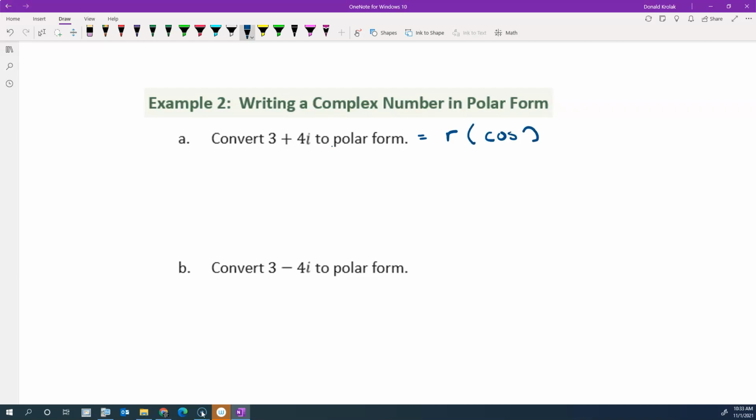Cosine theta plus i sine theta. Okay, so getting r is easy. That's just the modulus.